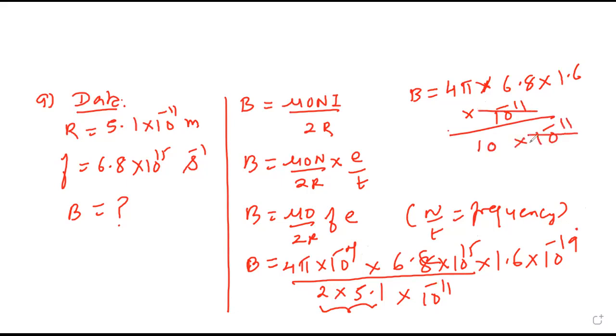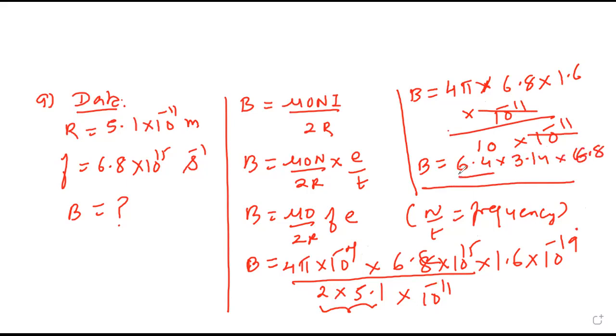This 2 will get cancelled. So 6.4 into 3.14 into 6.8 upon 10. Copy this much.